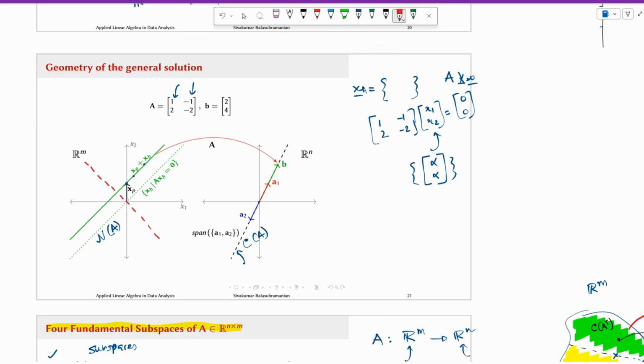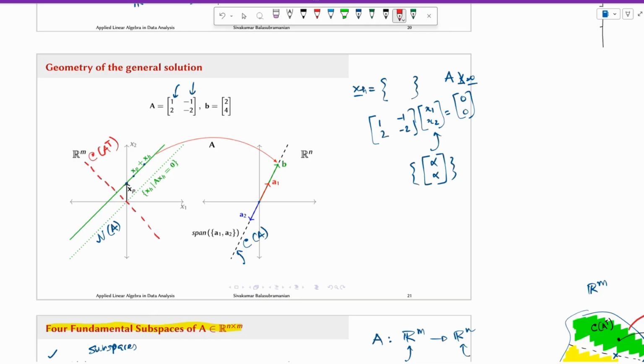I've not defined what it means for two subspaces to be orthogonal, but for now, just in this case, a line that is orthogonal to the homogeneous solution line, that is in fact your row space. In fact, if you move along your row space, you will actually move along your column space. If I move along the null space, you don't move along the column space. You just stay at that point.